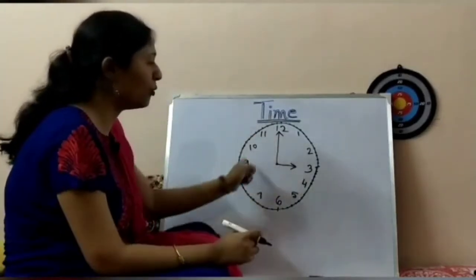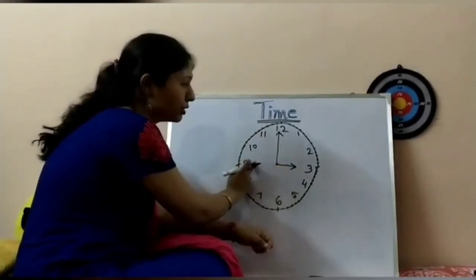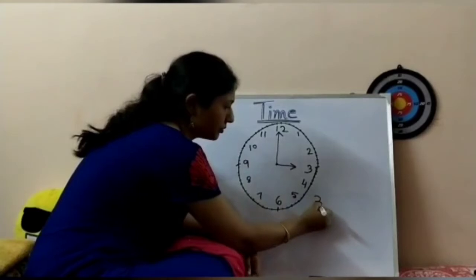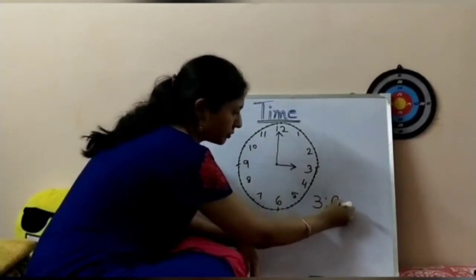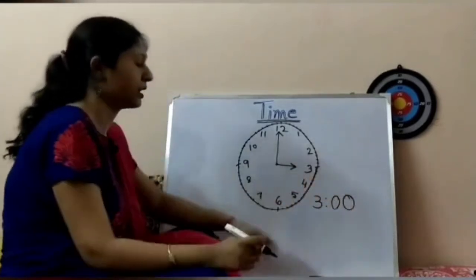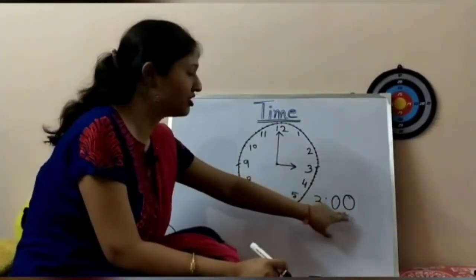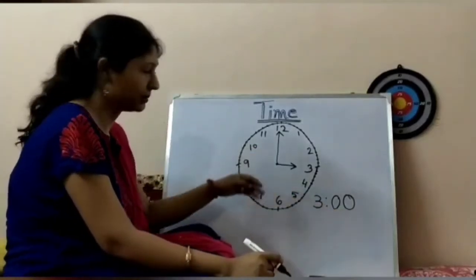So here, how much is the time? That time is 3 o'clock. Okay, that is 3 o'clock. 3 denotes the hour and 00 denotes the minutes.